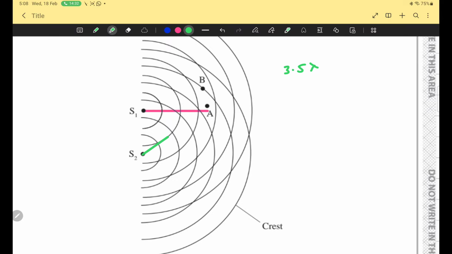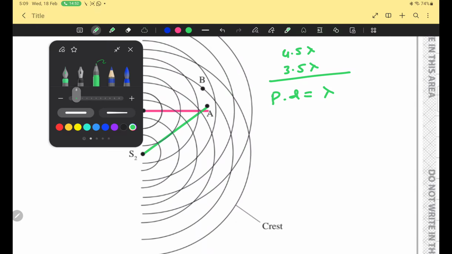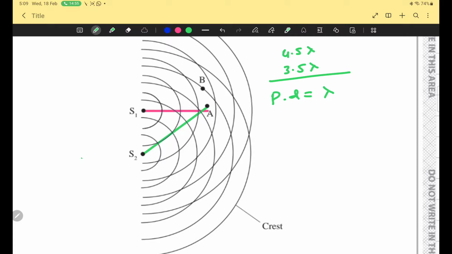Sir, one wavelength, two wavelength, three wavelength, four wavelength, 4.5. Sir, there is a 4.5 wavelength distance. And if I calculate their path difference, sir, then it is 1 lambda. And you know, if the path difference is 1 lambda, then there will be constructive interference. So at point A, there is constructive interference.